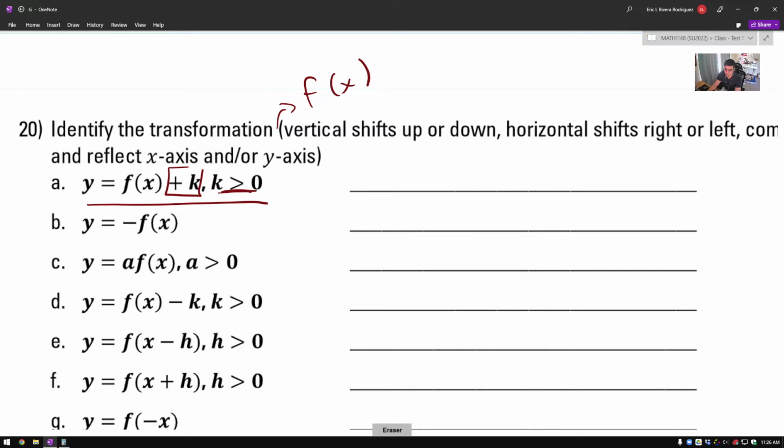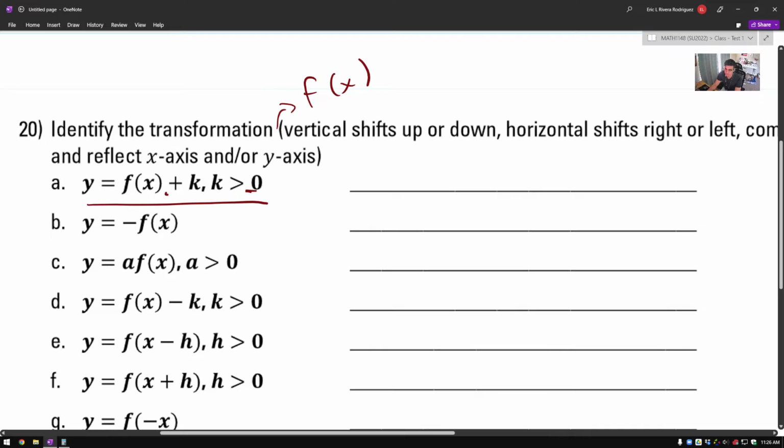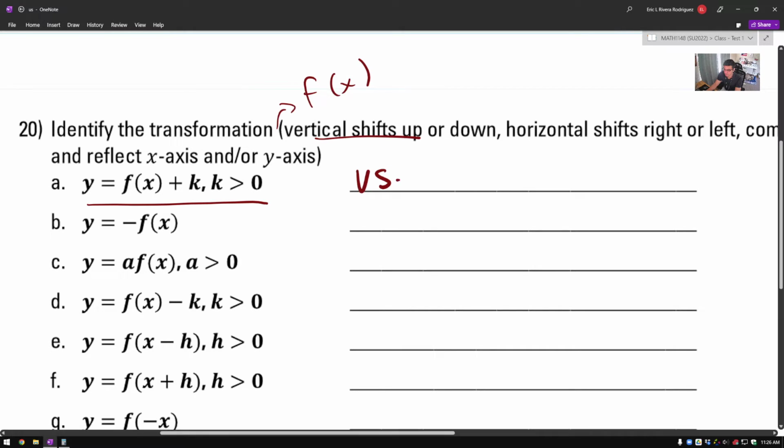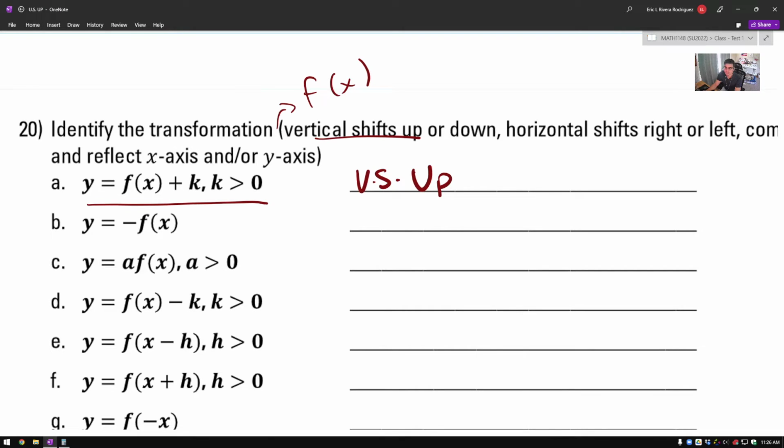So this means that we are adding in the output group of f, which means we are doing a vertical shift up. Does that make sense?